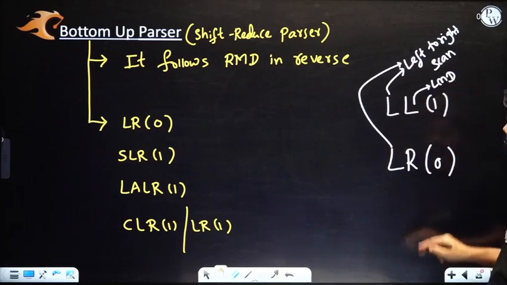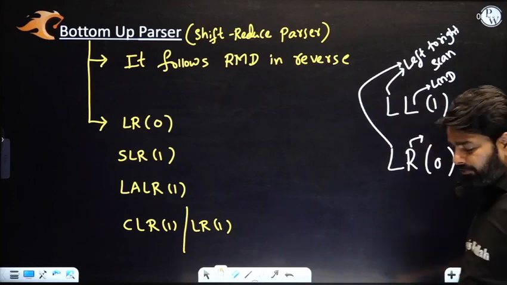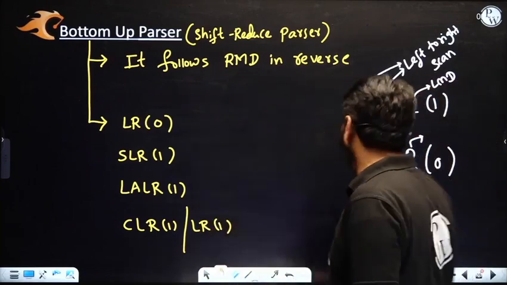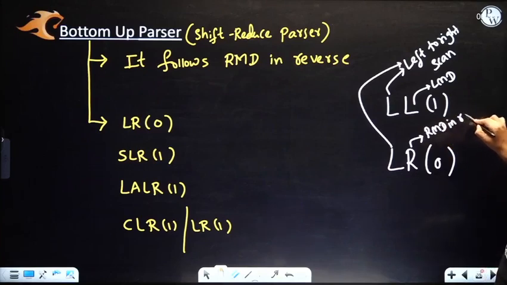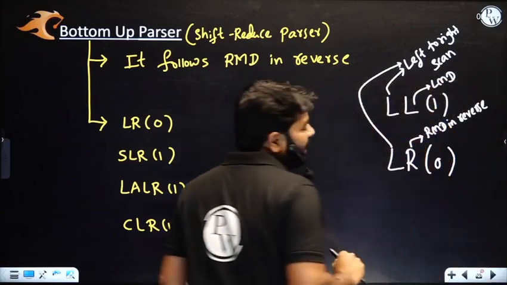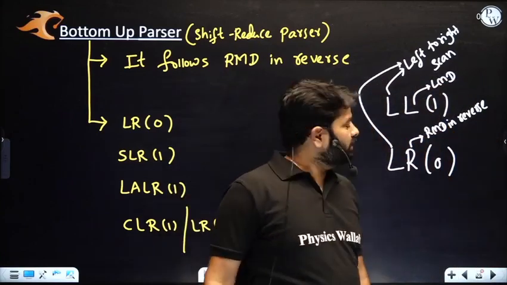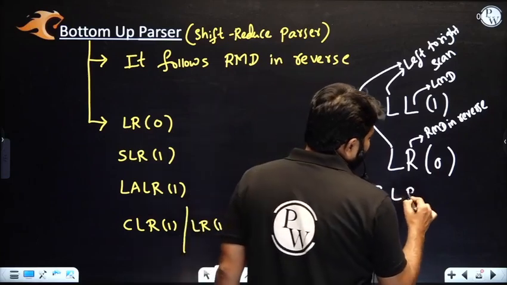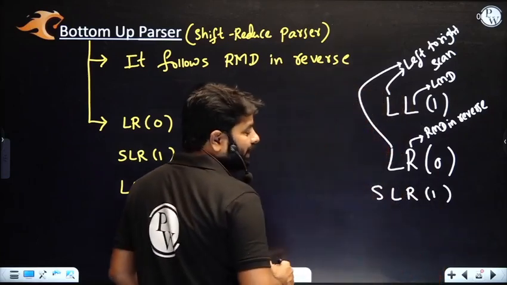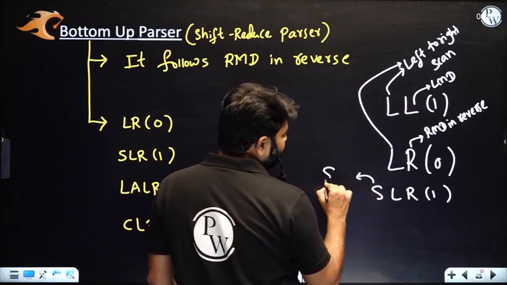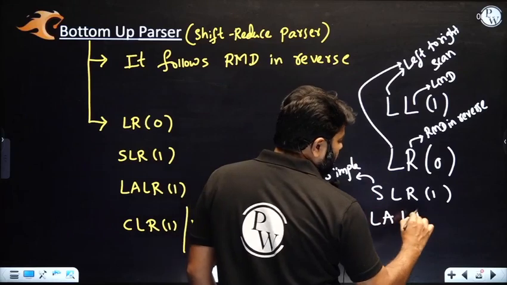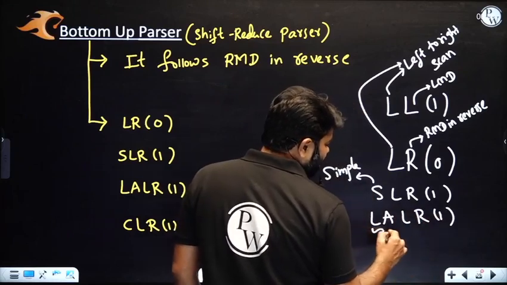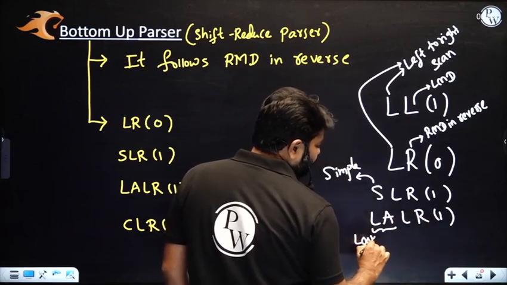The R here does not mean rightmost derivation; it is the reverse of RMD. Don't say RMD, say RMD in reverse or reverse of RMD. The 1 is the prediction, and 0 means no prediction. Now we have SLR1, where 1 means one lookahead and S means simple. And you have LALR1, where LA means lookahead.